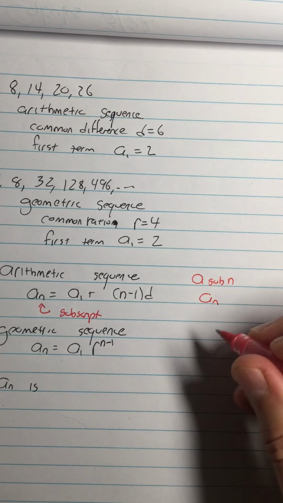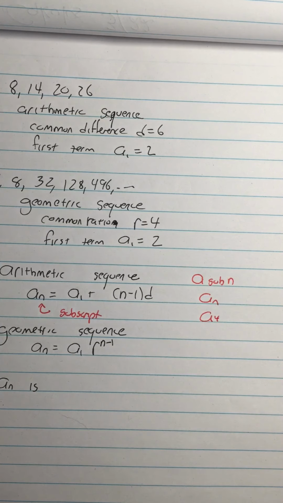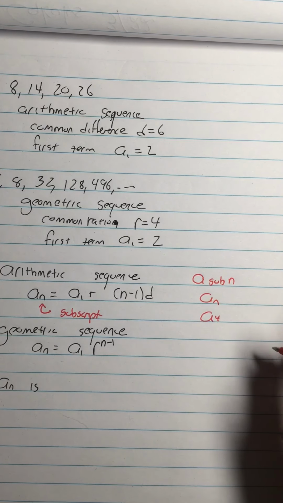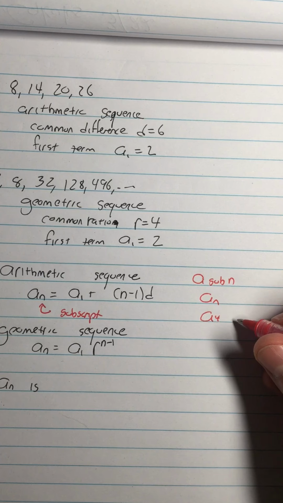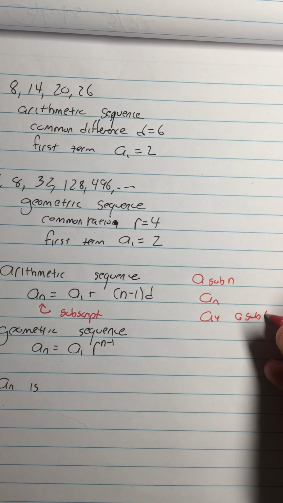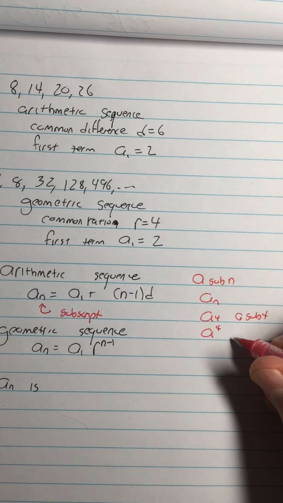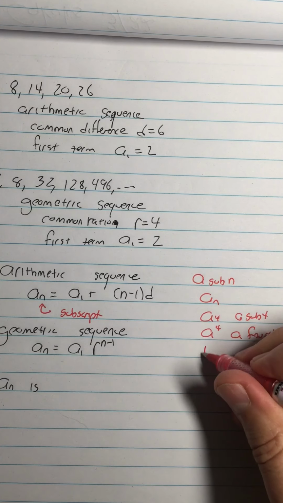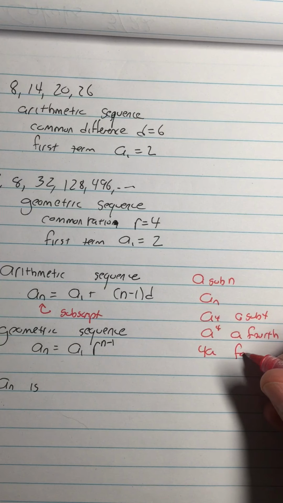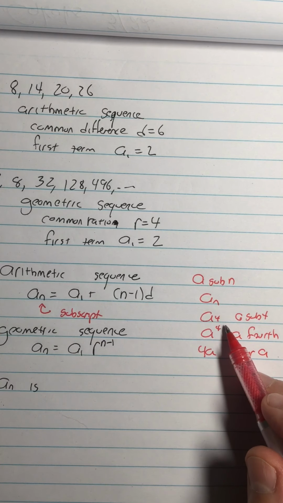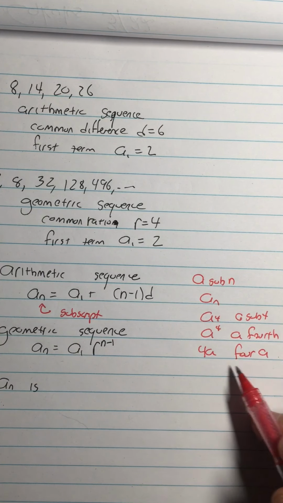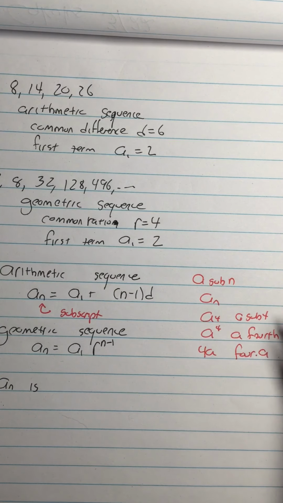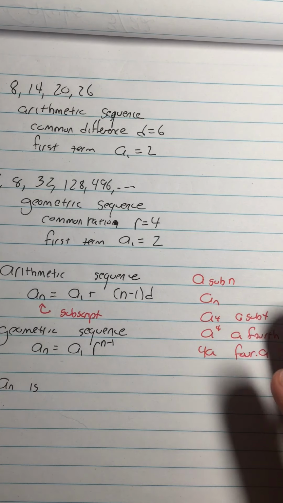If I have a sub 4, often I'll just say a4. If I say a to the 4th, you just say it like that. And if I have 4a, I'll say it like that. So you've got to keep those things straight. If we say a4, we mean a sub 4. If we say 4a, we mean 4 times a. Just a little bit of comparative terminology there.